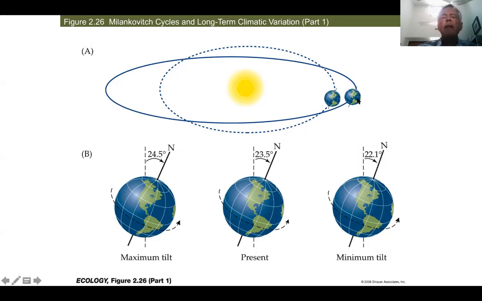The combined transition between the path of ellipticality and the angle of the axis together are what cause the overall degree to which the average temperature is either high or low.